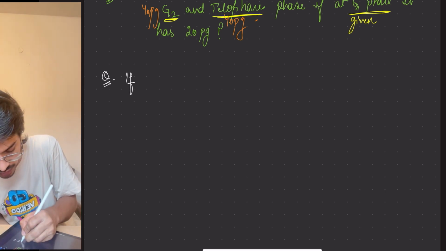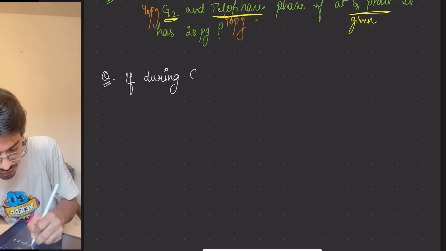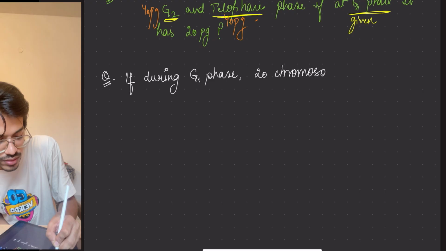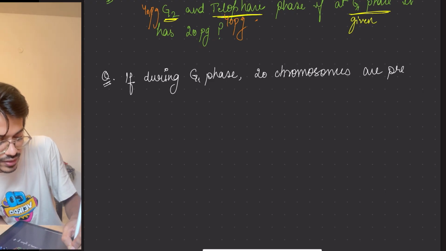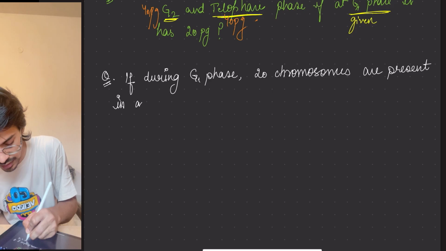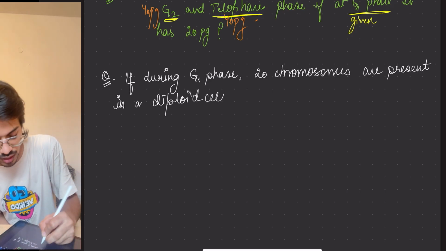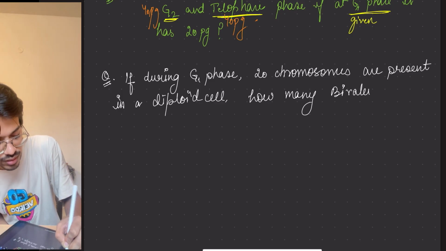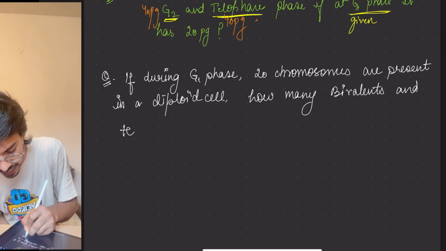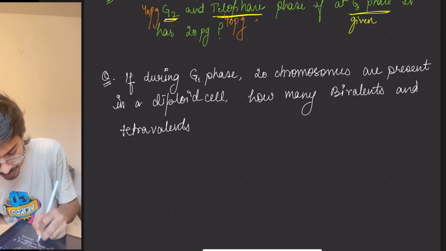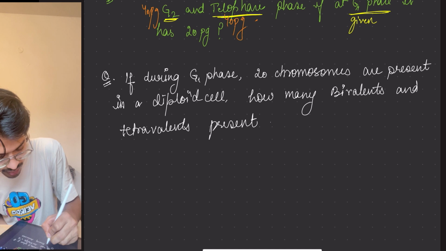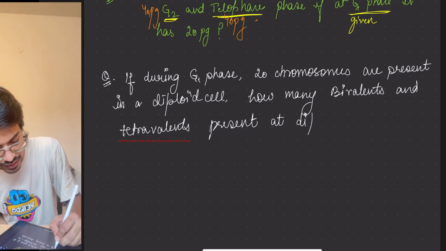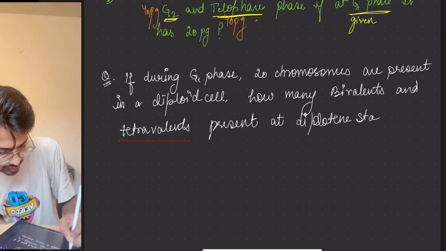So if during G1 phase 20 chromosomes are present in a diploid cell, how many bivalents and tetravalents are present at diplotene stage?